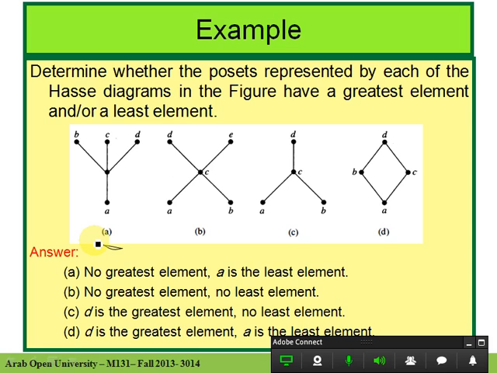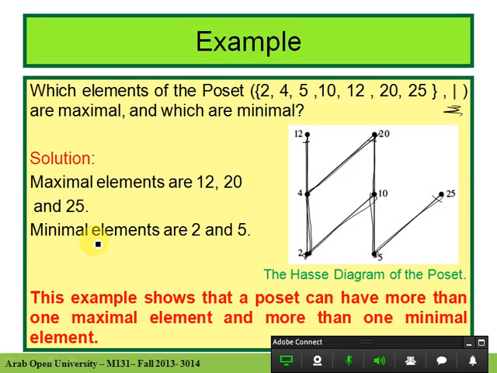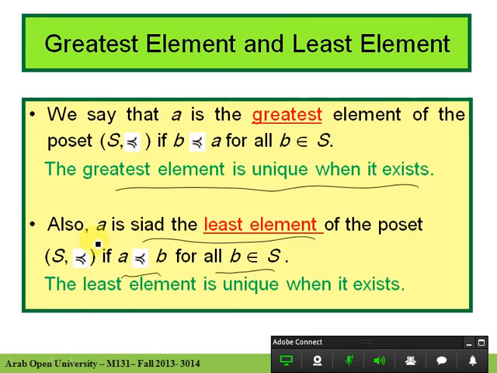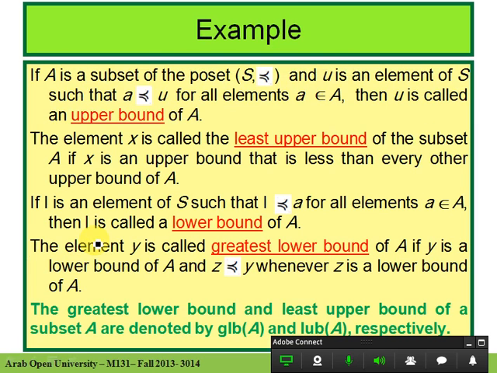No, they don't have both, because there are two elements. If you take this diagram, there are 2 least and 2 greatest, so we don't have a greatest in this one.